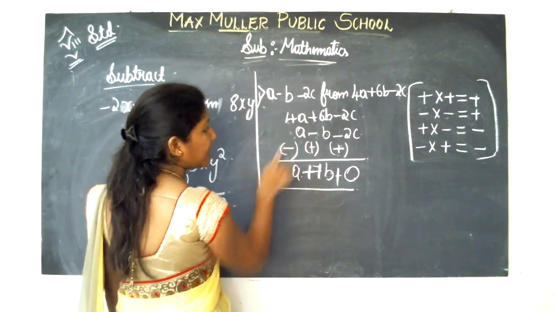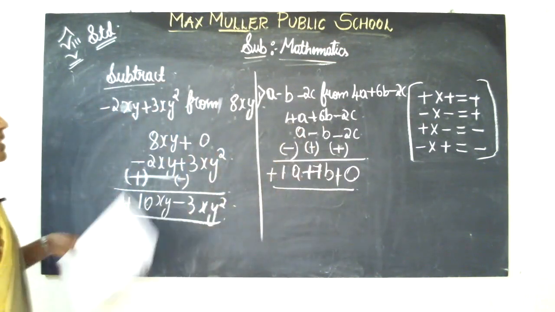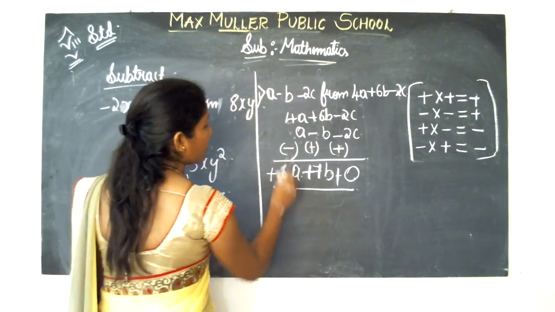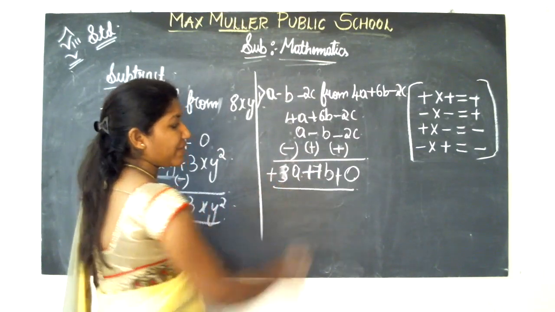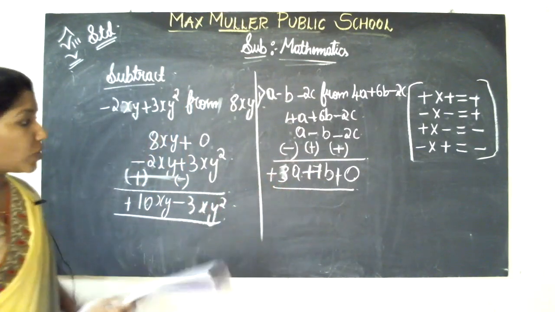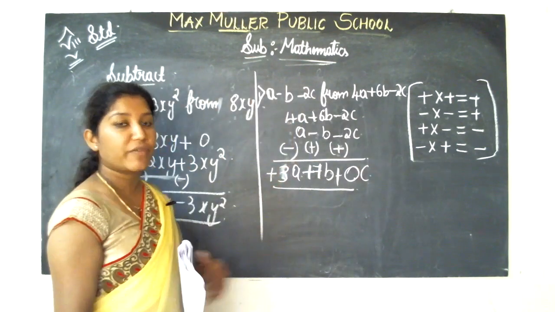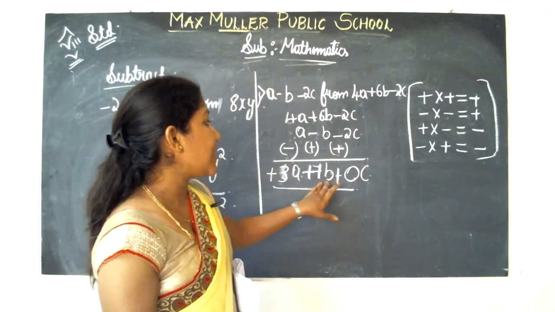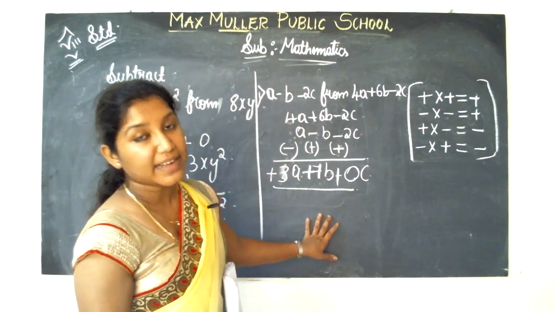Write down plus here. 4 minus 1, that is 1a plus 7b. Sorry, 3a. 4 minus 1, it is 3. 3a plus 7b plus 0c. Write down even the variable also. Mention the variable also. 0c, or else 3a plus 7b plus 0c. You can write it like this.